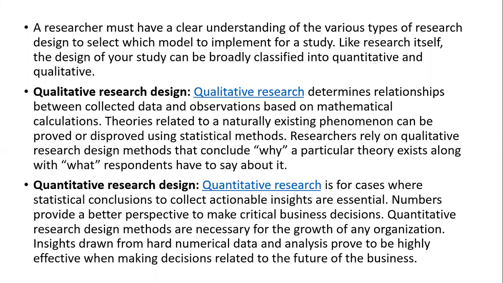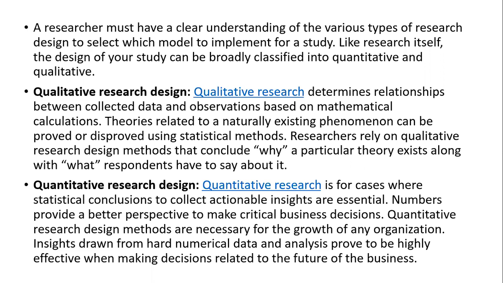So we are doing two things here. We are determining the relation between the data which we have collected and the observation which the researcher has made through mathematical calculations. Theories related to naturally existing phenomena can be proved or disproved using statistical methods.